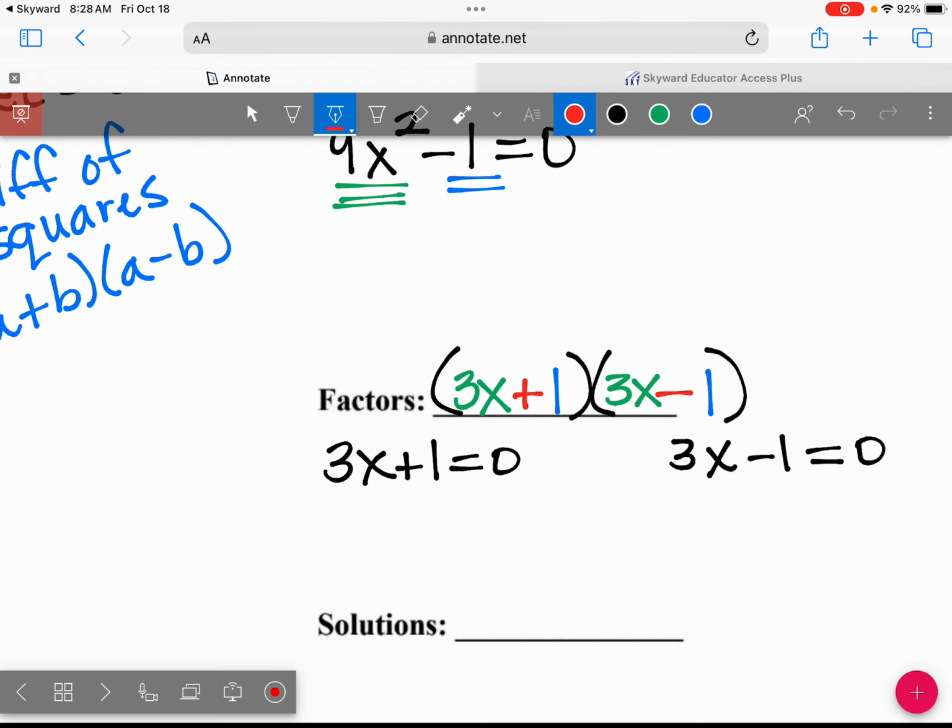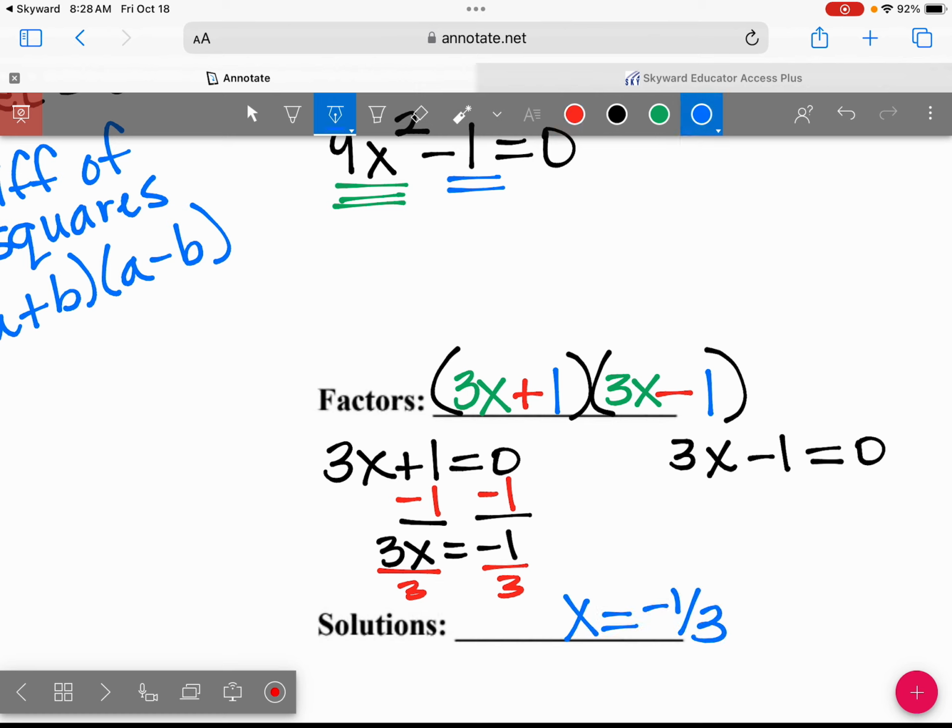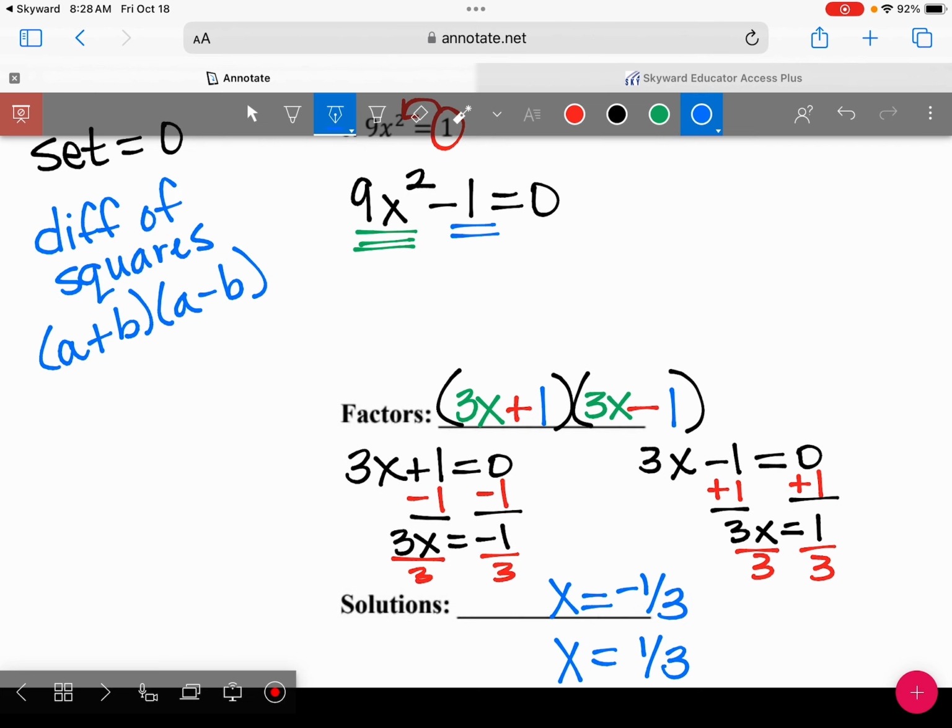So we subtract the 1, and then we divide by 3. So my first solution would be x equals negative 1/3. And for our second one, we have to add the 1 and divide by 3. So we get x equals positive 1/3. And that would be our 2 answers.